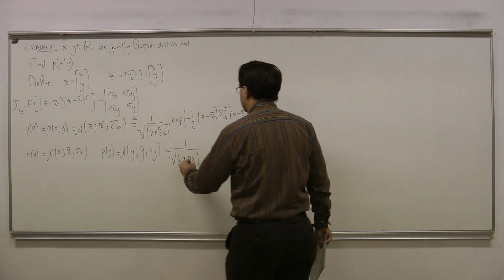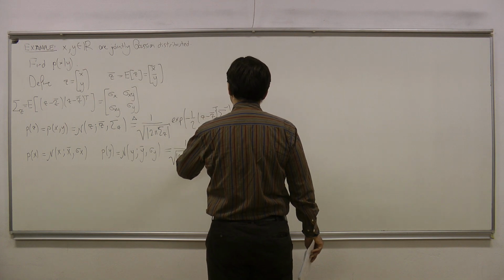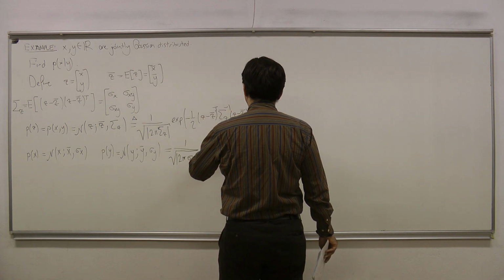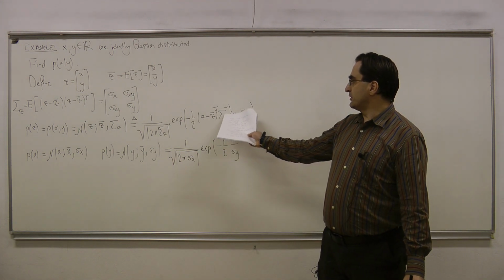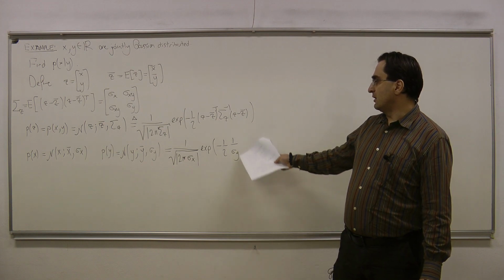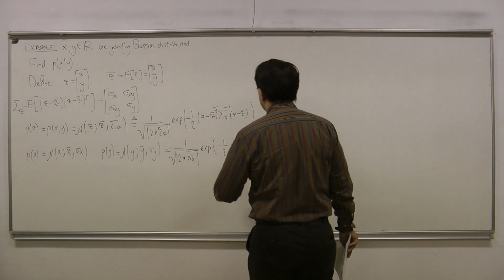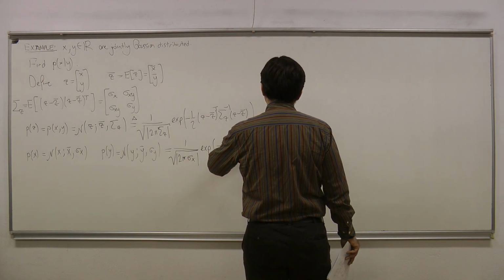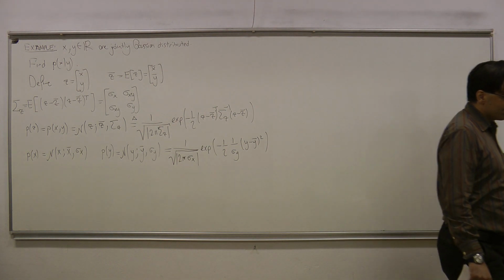It really doesn't matter. So I have exponential of minus 1 over 2, and I would have the inverse of the variance. You see that here I have the inverse of the covariance. In the scalar case, I can write the inverse of the variance like this, scalar inverse, times (y minus y bar) squared.